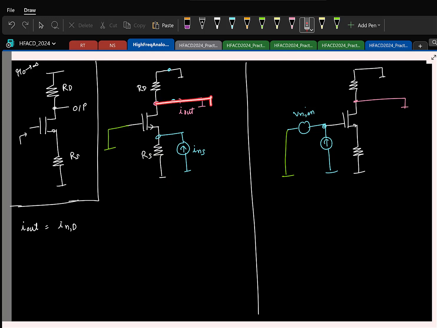Again, drain is short as well as R0 is infinity. So it's definitely 1 by GM. So this current will get split between these two guys, and what fraction of it will flow to the output? I mean, you need to find the current flowing here. What is that fraction? That's all. So if I simplify this, I'll get GMRS by 1 plus GMRS.